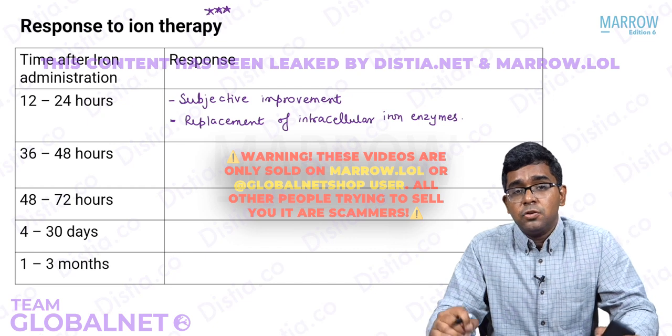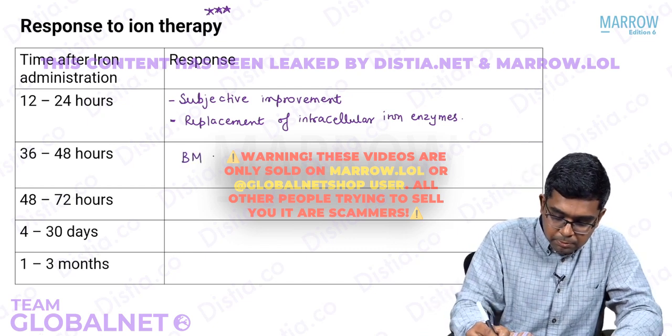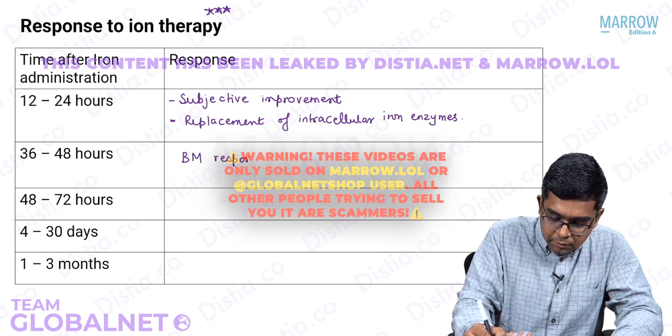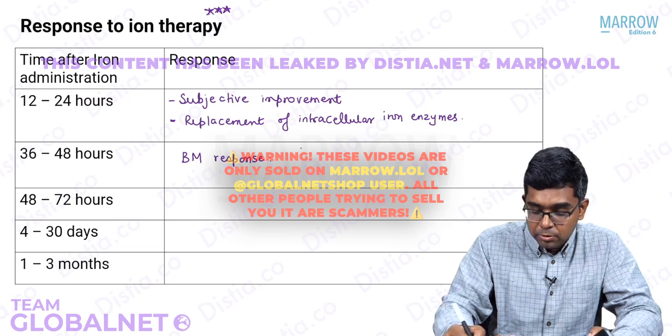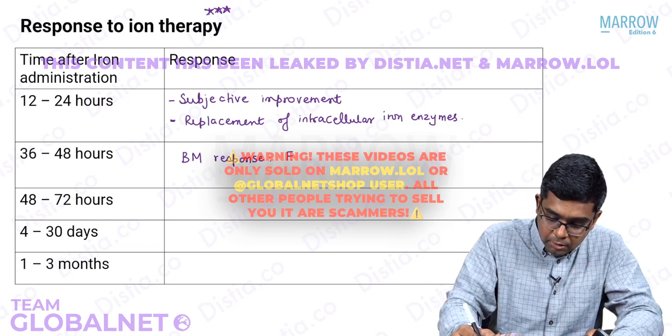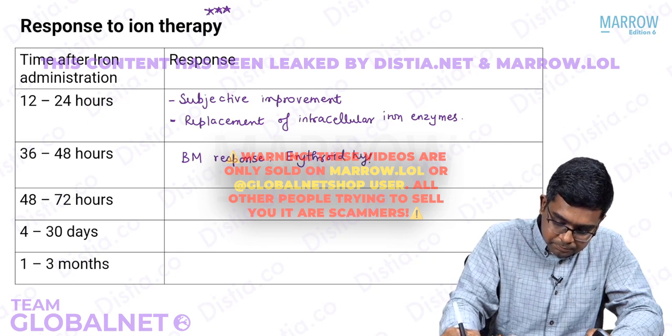Then by 36 to 48 hours, okay, the bone marrow response is noted in the form of increased number of erythroid cells in the bone marrow, or what we call erythroid hyperplasia. Erythroid hyperplasia. Don't forget. Okay.